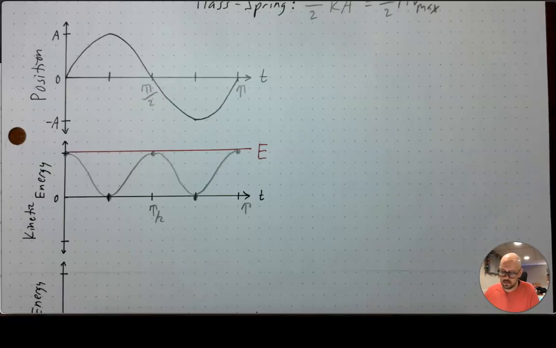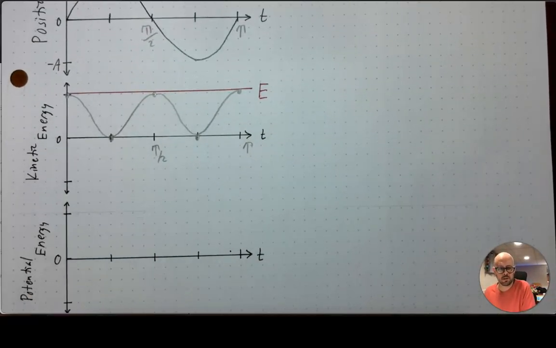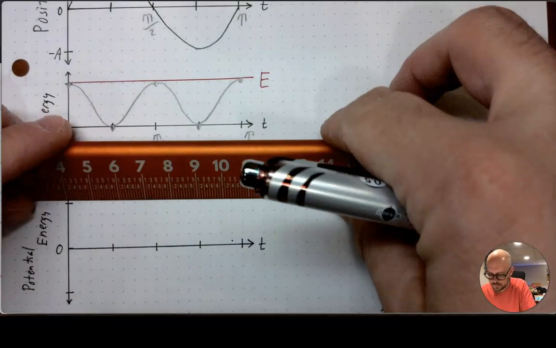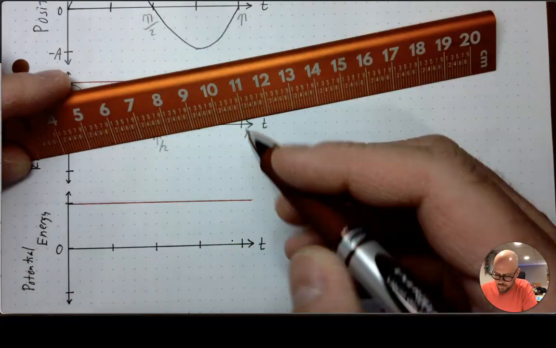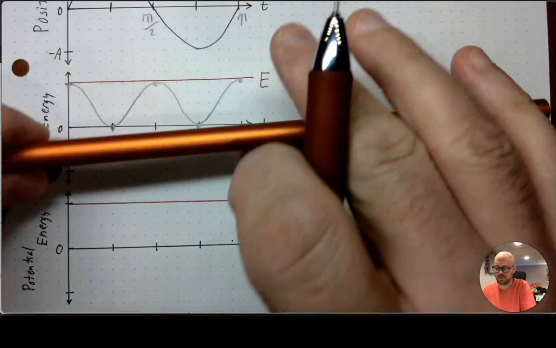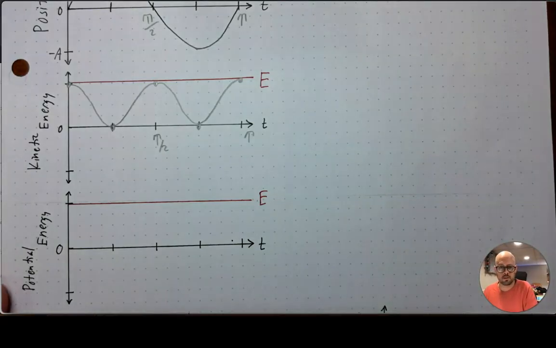Now, what that means is when I go to my potential energy graph, I can draw that same line, and that will also represent the mechanical energy. If it's the same system, nothing else has changed, then the mechanical energy is still the same. And so the potential energy graph is going to hit all those same maximum values.